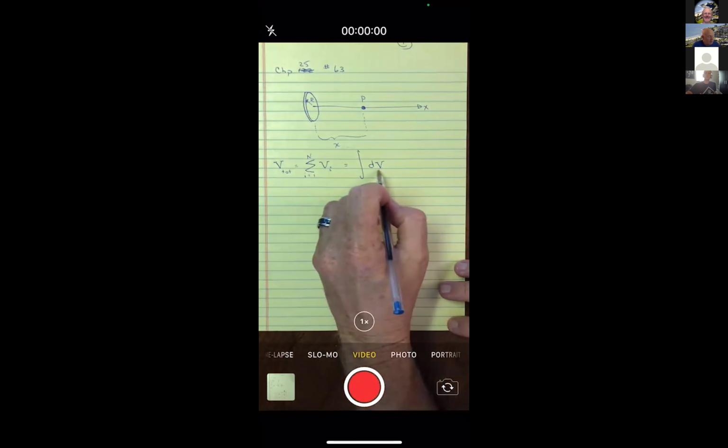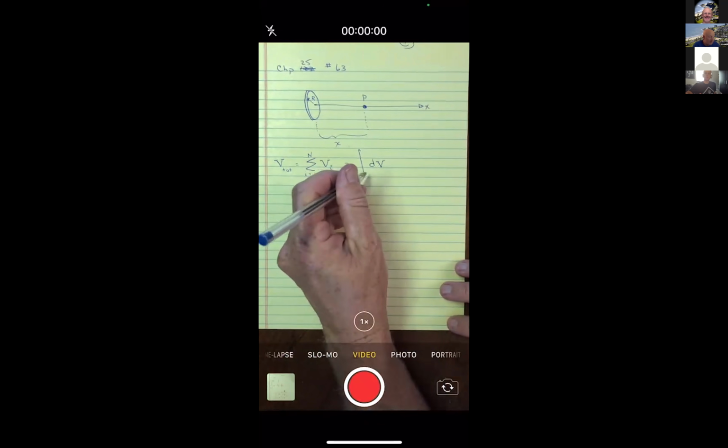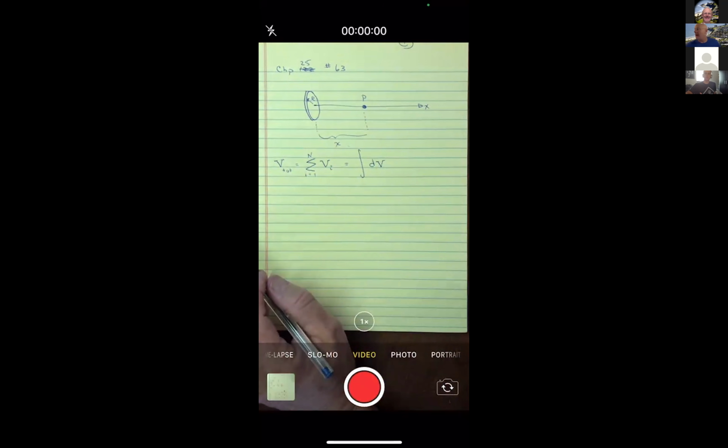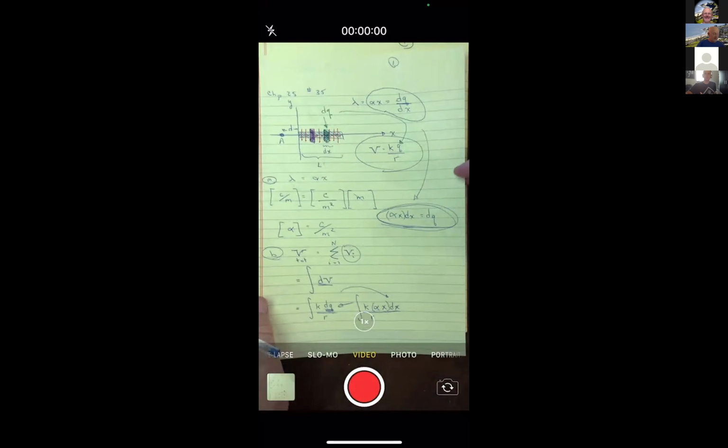They each contribute a potential. And so you have an infinitely small object added up an infinite amount of times in order to give you a disk.